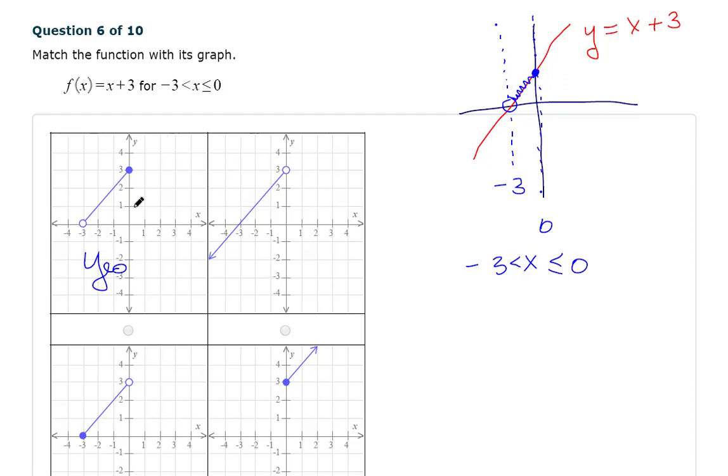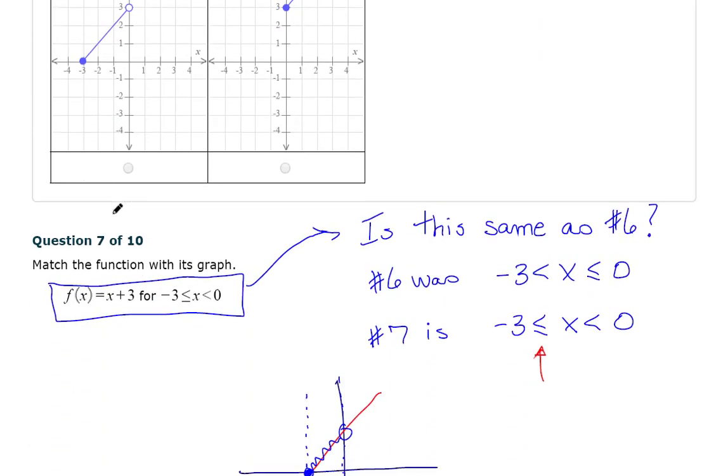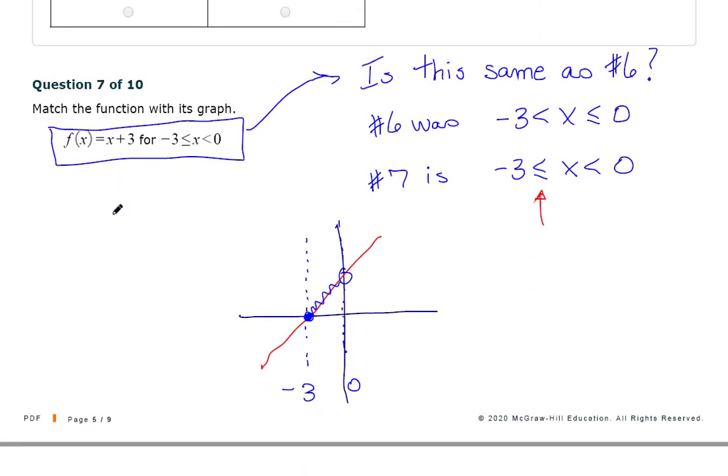Let's see, question 7. Question 7, when I first saw this, I was thinking, well, I already did this. F of x is x plus 3 looks just like the one we just did. Maybe it's a repeat. Well, let's see. This number 6 was minus 3 less than x less than or equal to 0.